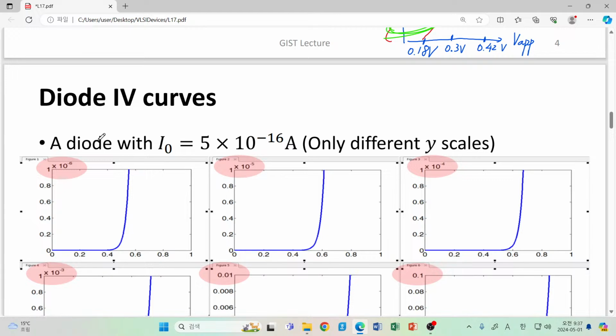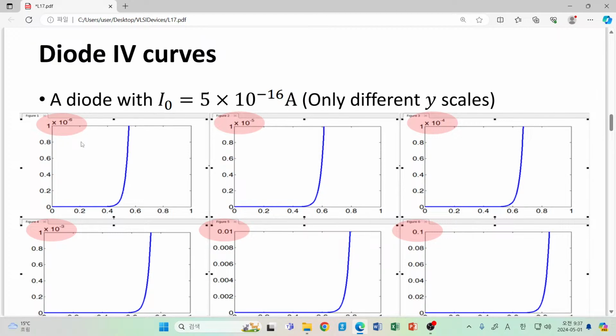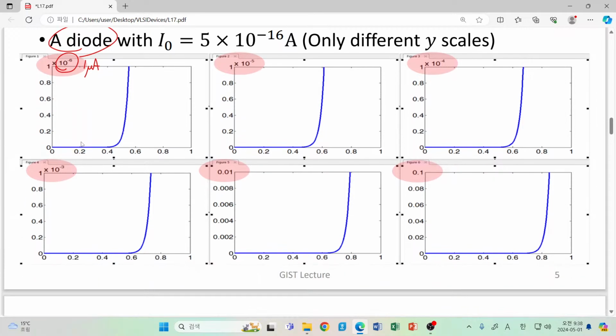The main message is that all of these six graphs correspond to just one diode, and what I did is just draw the same graph with different maximum values. I set 1 microamp as the maximum value for this graph, and here we have 100 milliamp as the maximum value of this IV graph.